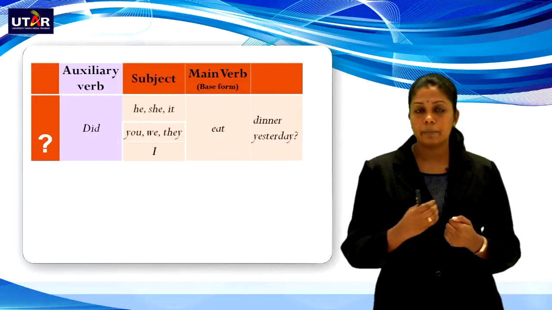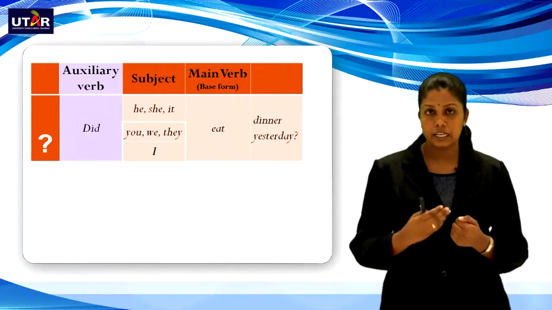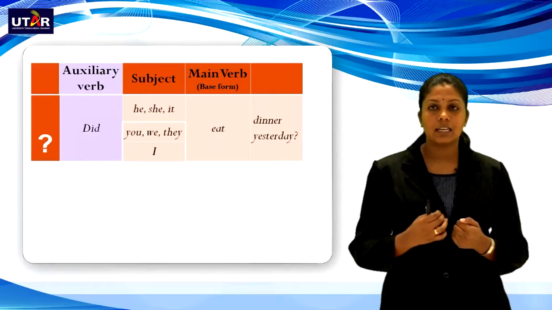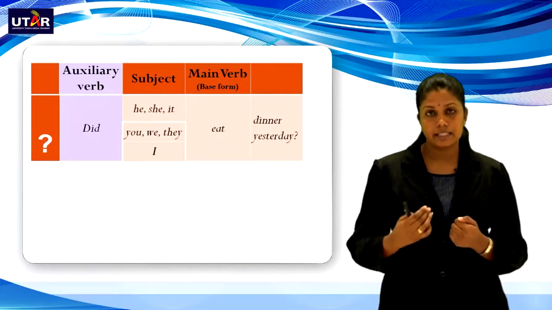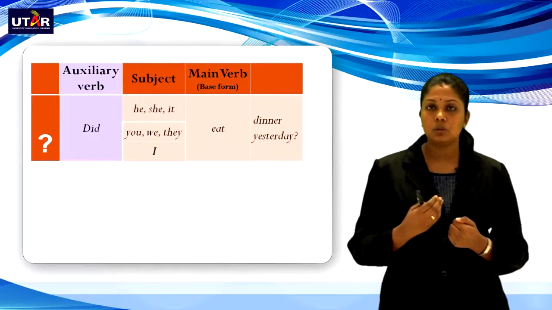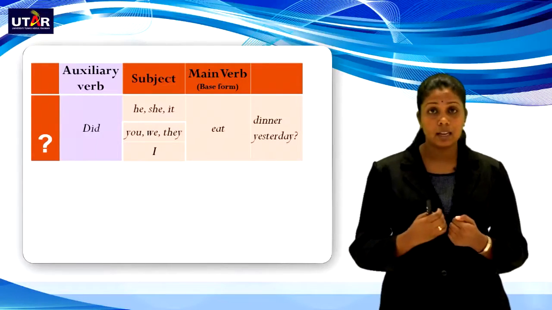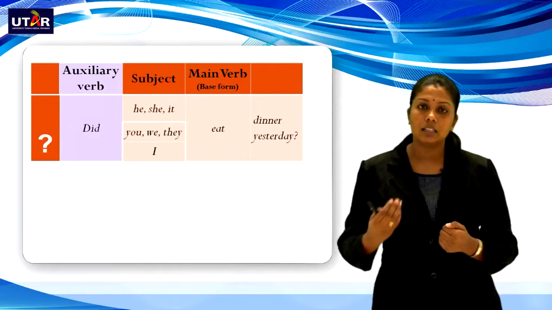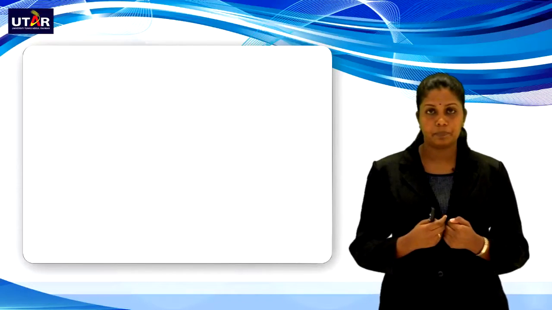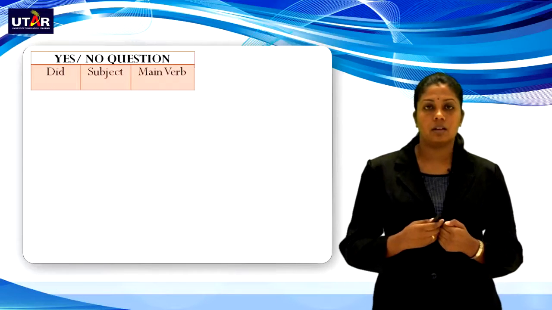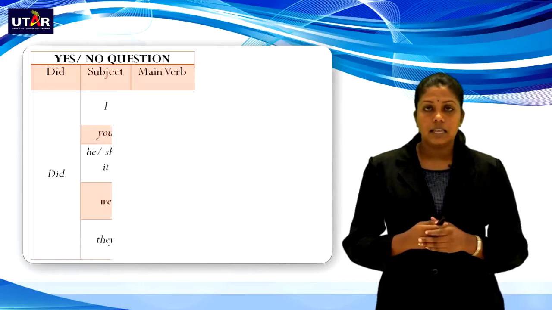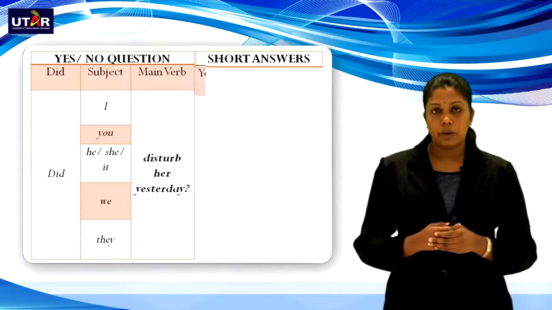So we have examples here. Did he, she, it eat dinner yesterday? Did you, we, they eat dinner yesterday? Or did I eat dinner yesterday? Now, let's look at yes/no questions.